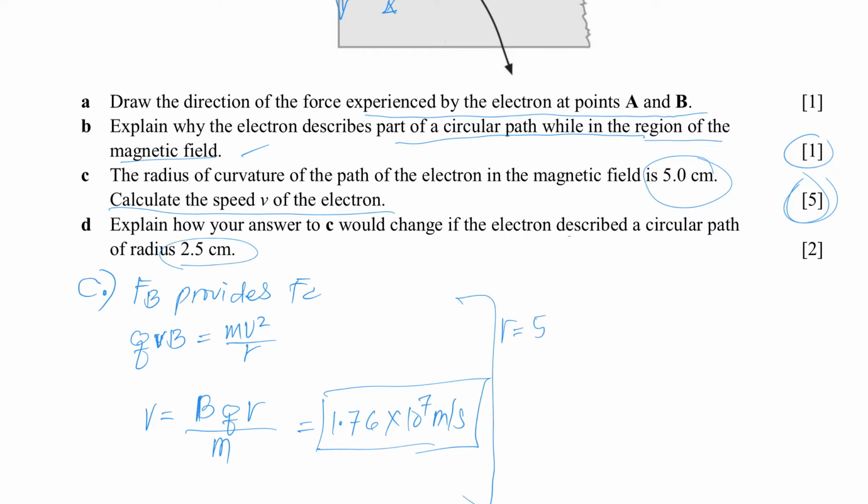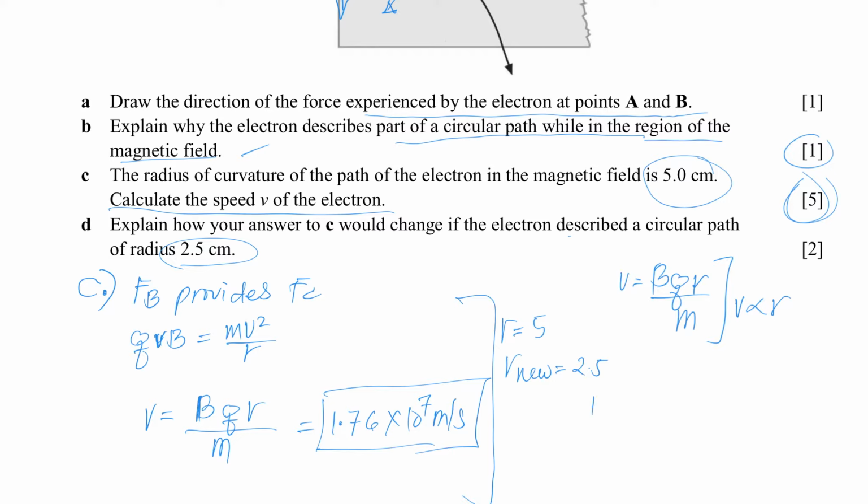Okay? Now your new radius will be 2.5. So it means to say it's reduced to 1/2. Now, the formula here is v is equal to magnetic field times Q times r all over the mass. Now, in this formula, the velocity is directly proportional to the radius.